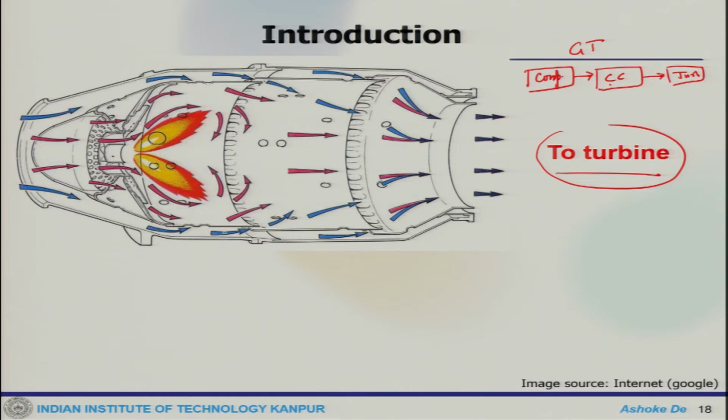One may wish to pump in more and more air and fuel, so that you have more combustion and get more energy, but there are restrictions to that. It is not only that the combustor material or the combustor liner has to withstand those temperatures. At the same time, the hot product goes to the turbine, and the turbine blade has a certain limit. The blade temperature limits the design, because the blade material has a certain limit to withstand temperature.